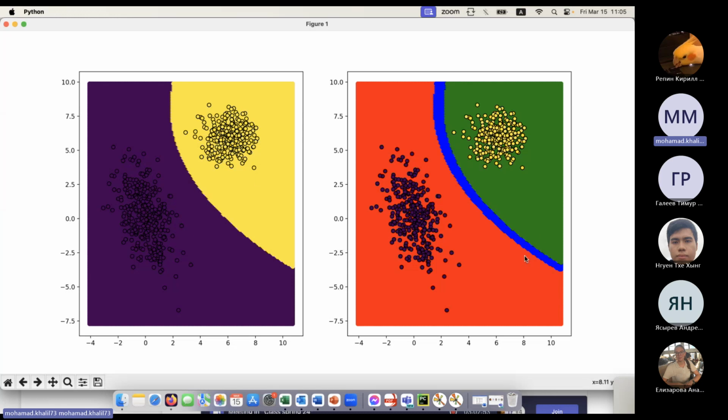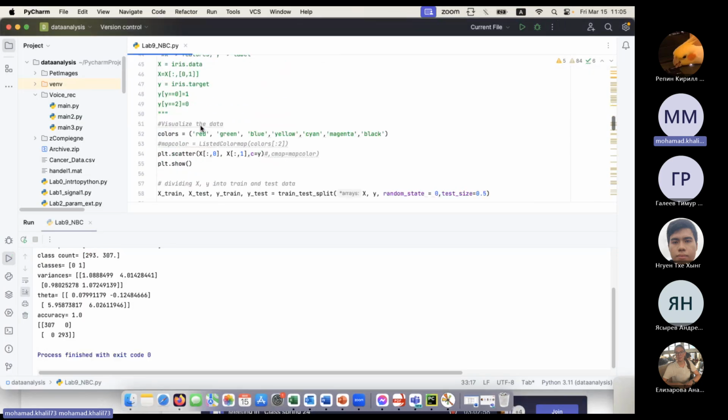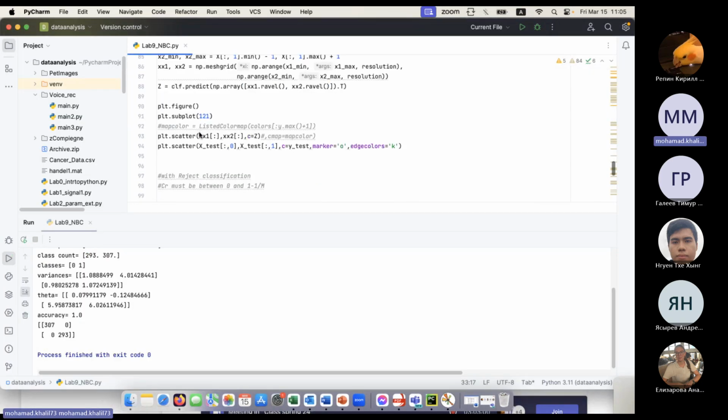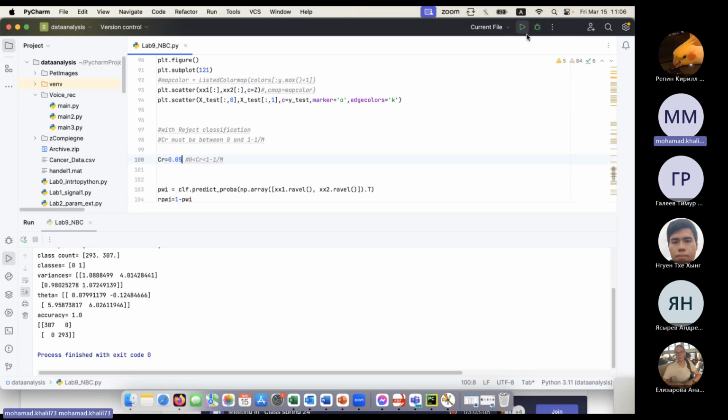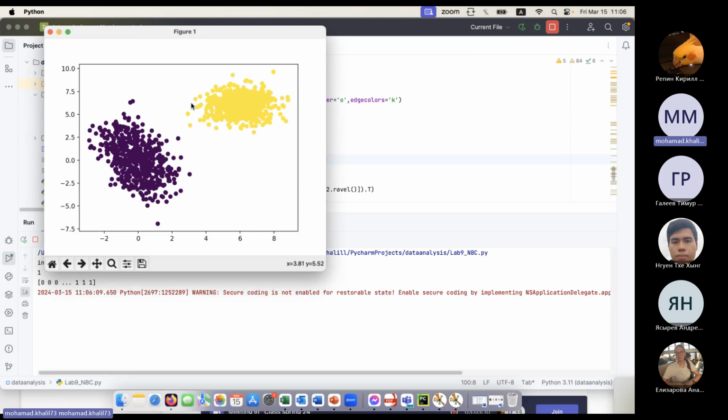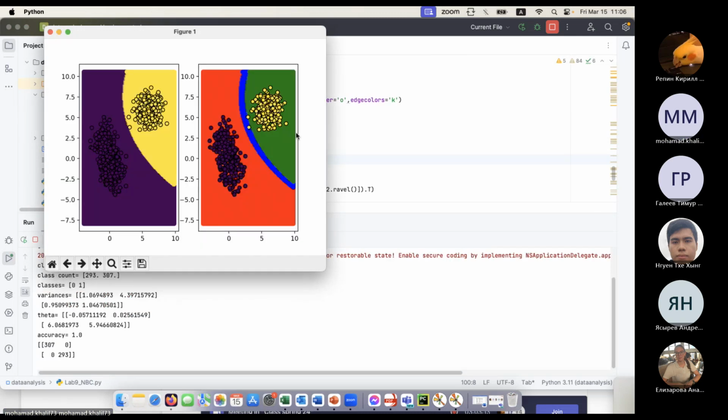And look here, I have a scale. If you want to make it better, you can increase. Put 0.06, 0.01, 0.05, for example. Run. Look, the region is here.